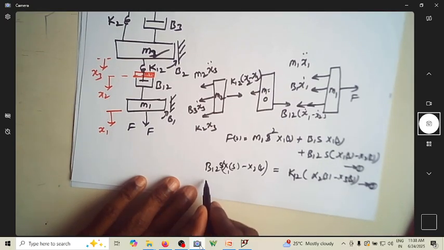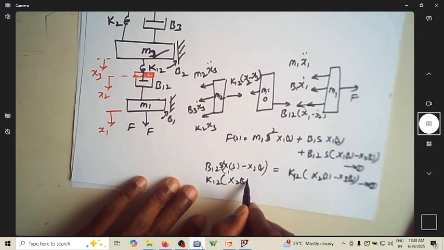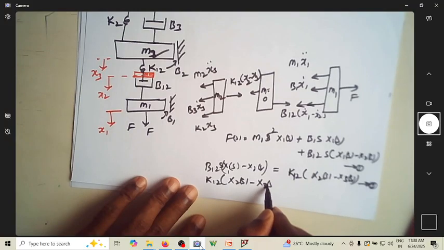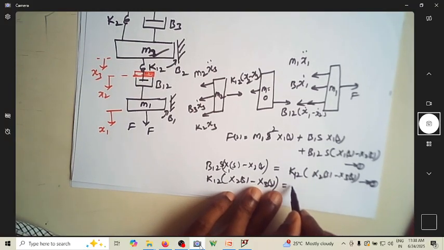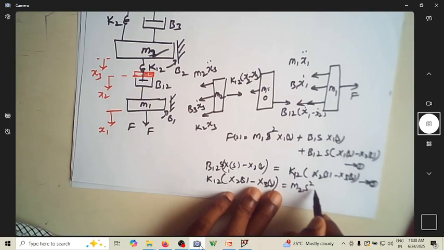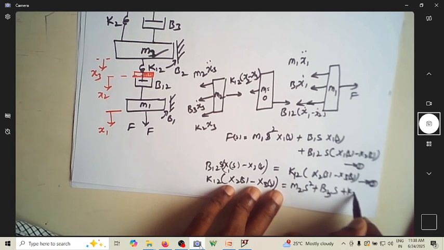The third equation would be K12 times x2 of s minus x3 of s is equal to M2 s square plus B3 s plus K2 into x3 of s.